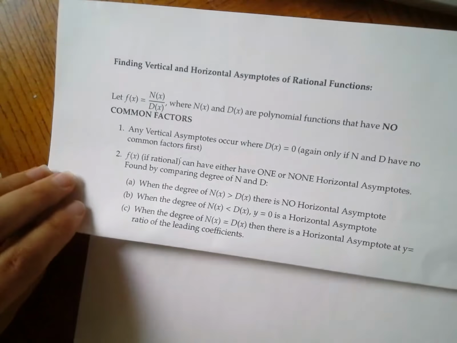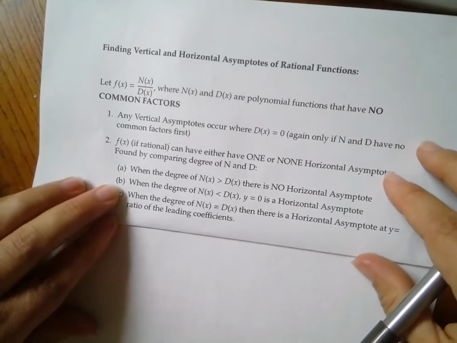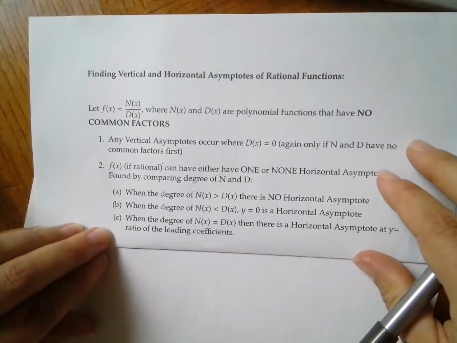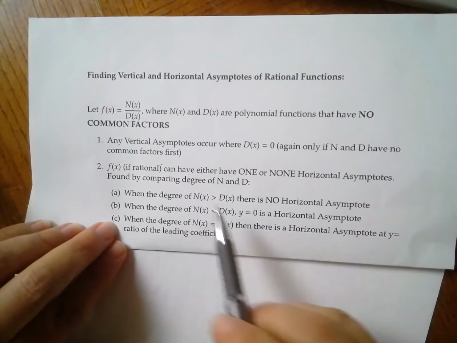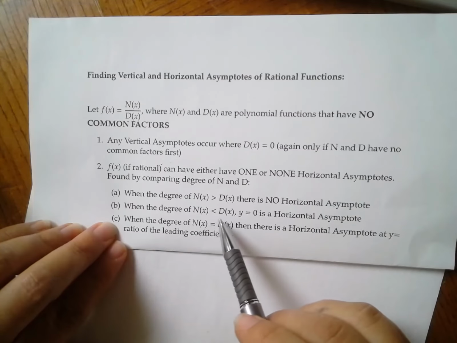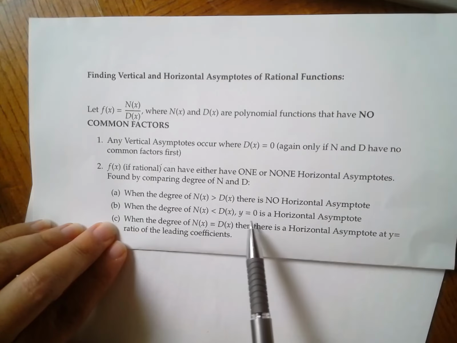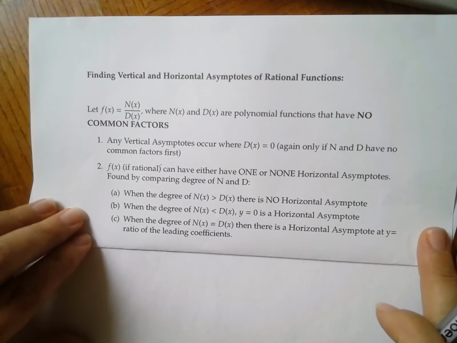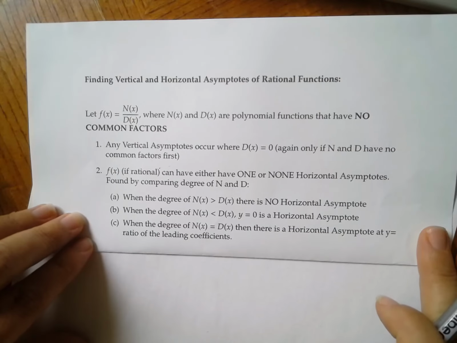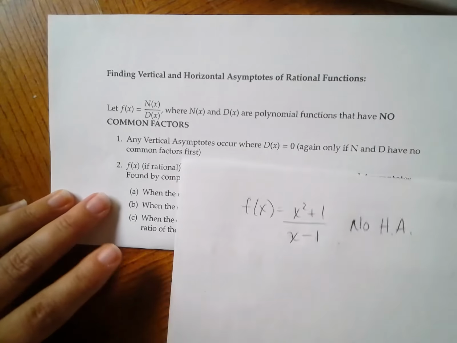So the second thing: when the numerator's degree is bigger than the denominator's, we don't get any horizontal asymptotes. When the degree of the numerator is less than the degree of the denominator, then we get the automatic horizontal asymptote of y equals 0. We're going to understand why these are true later when we get into limits a little deeper, but for right now we can use this as our guideline.